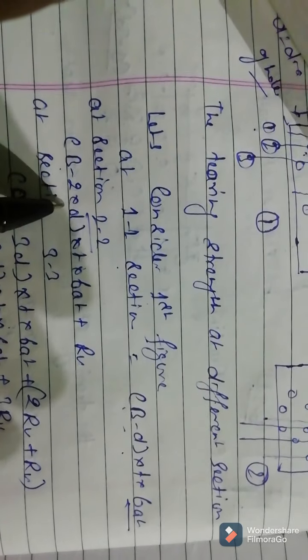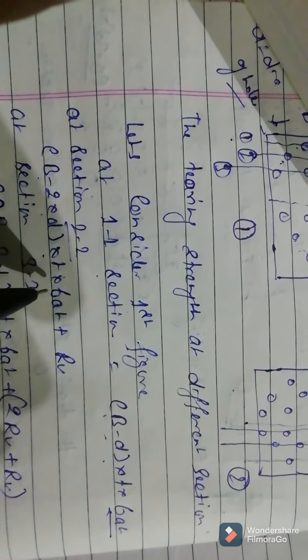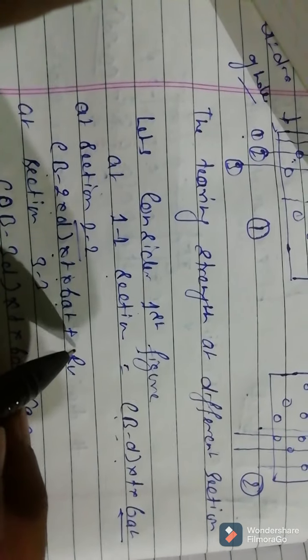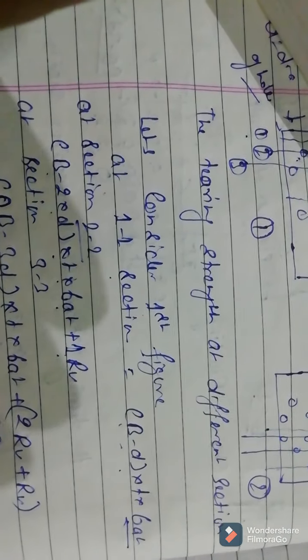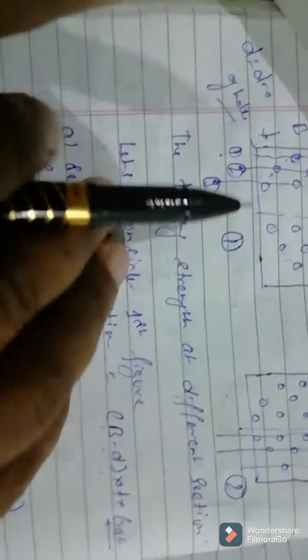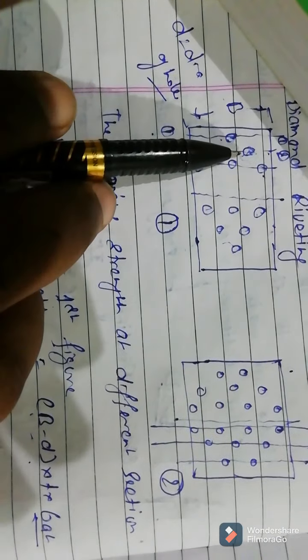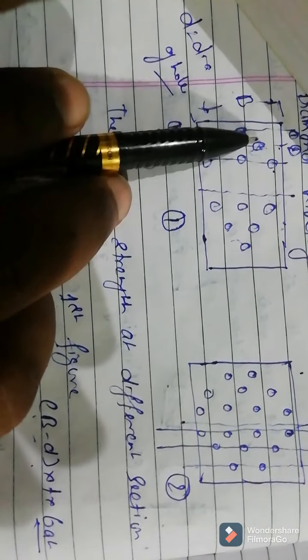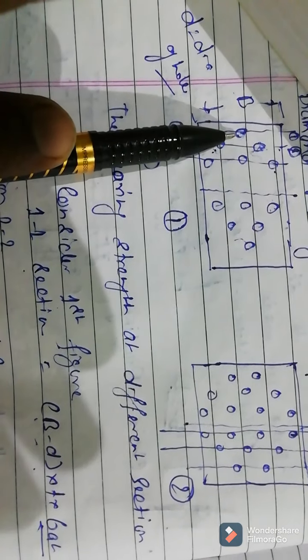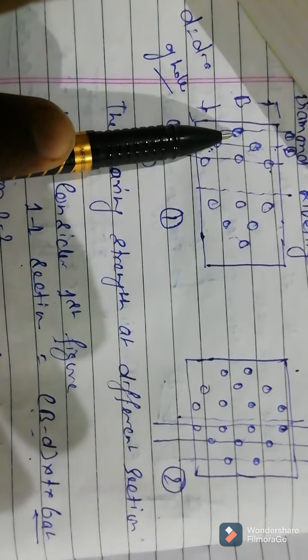So that is (B minus 2d) multiplied by t into sigma at plus 1 rivet value, RV. Here you are calculating the tearing strength at the second section, and before this there is 1 rivet, so you have to add the first rivet value.